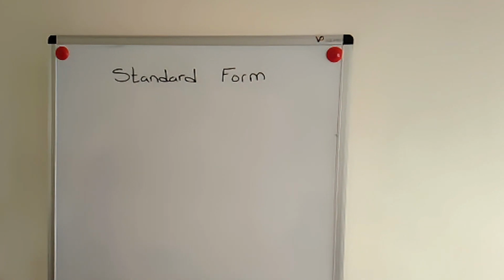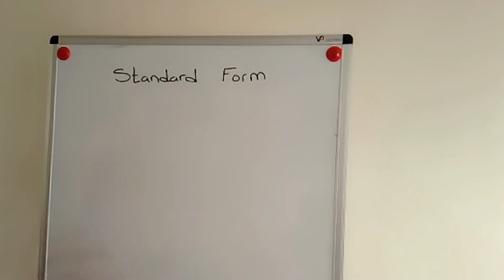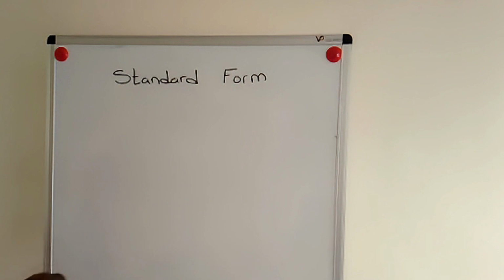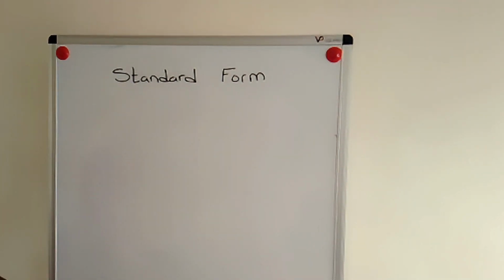I'm going to share with you three basic rules you can use to write a number in ordinary form in standard form, and to rewrite a number in standard form back in ordinary form. So let's get started.